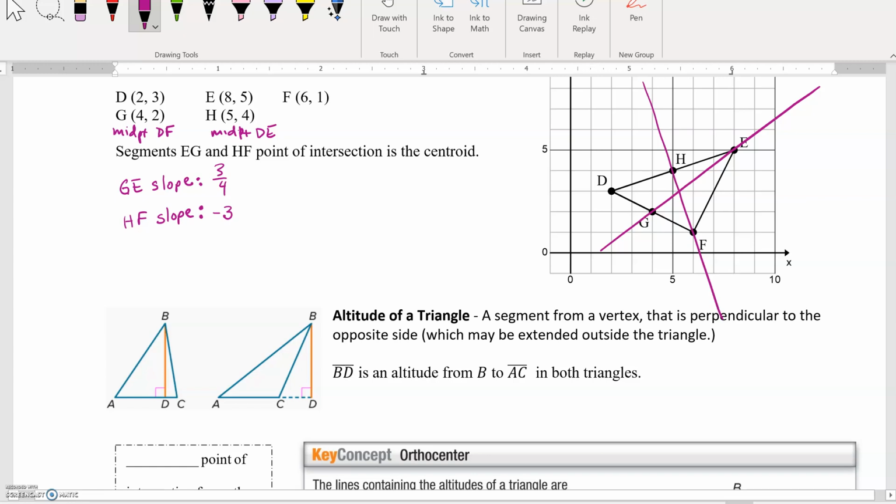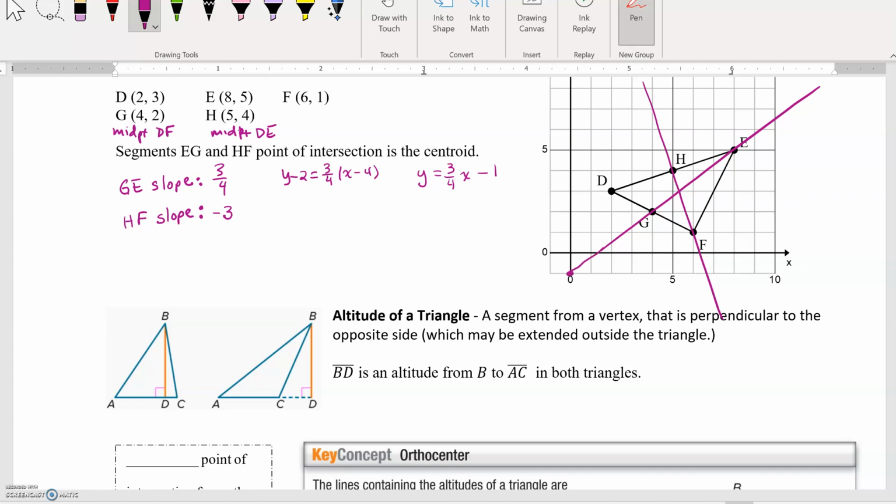So taking us back to Module 3, we are going to pick a point on GE. G is as good as any, so y minus 2 equals 3/4 times (x minus 4), which gives me an equation of y equals 3/4 x minus 1. See if that makes sense looking at the graph. Yes, it does. I bet if I extended this, that would hit down there at -1.